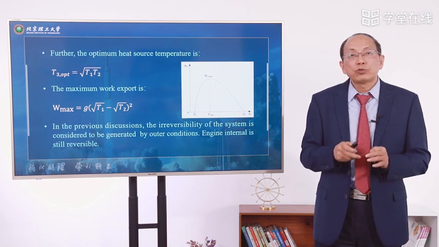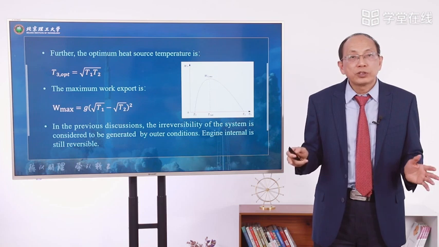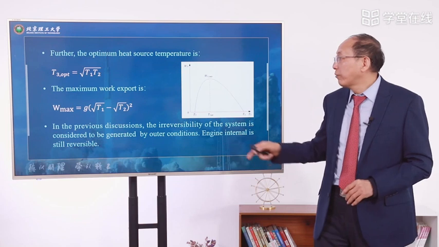Okay, we can draw some curves like this. The optimal heat source temperature is T3 optimal equals root of T1 times T2. W maximum is G times (root T1 minus root T2) squared.